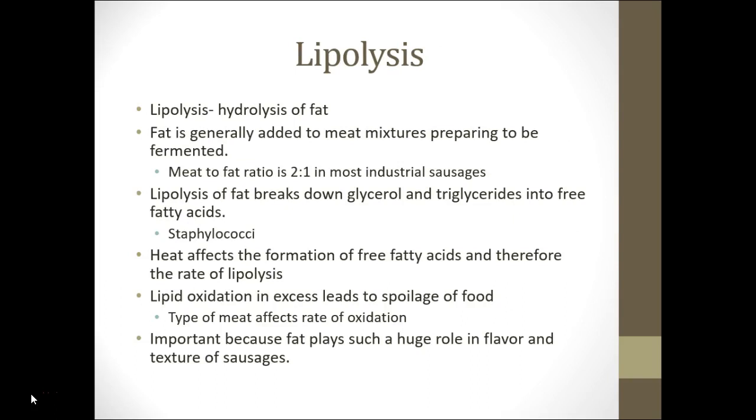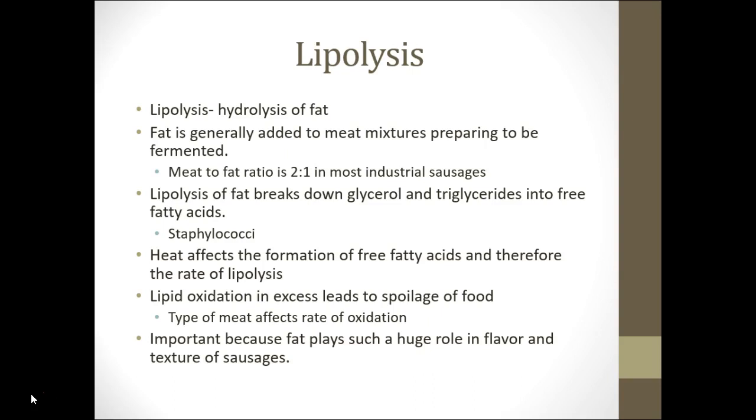So lipolysis is the degradation or hydrolysis of fat. Fat is generally added to meat mixtures at a ratio of 2 to 1, and that's just for most industrial sausages. It changes depending on where you go. But lipolysis of fat breaks down glycerol and triglycerides into free fatty acids, and staphylococci is one of the main substances used to do this. Heat does affect the formation of free fatty acids and therefore the rate of lipolysis.